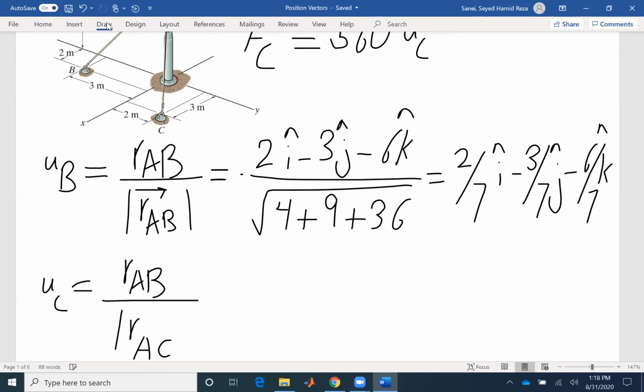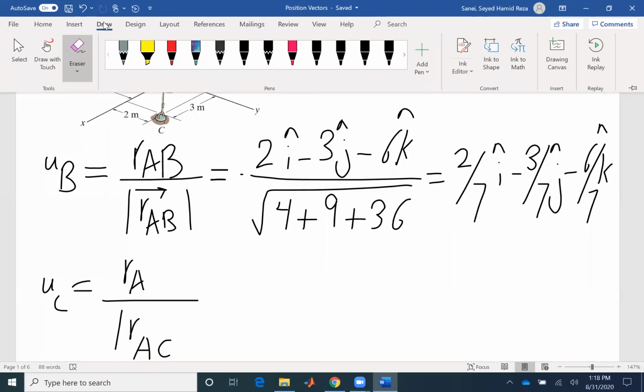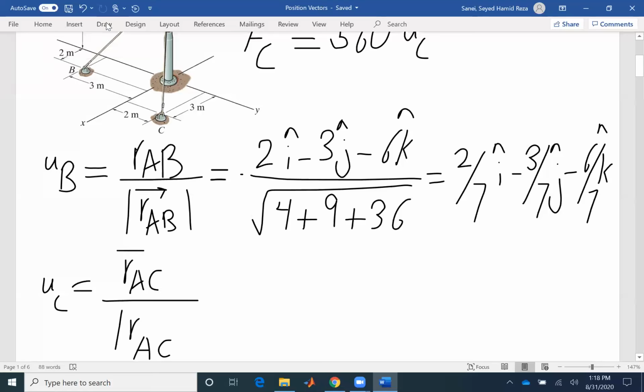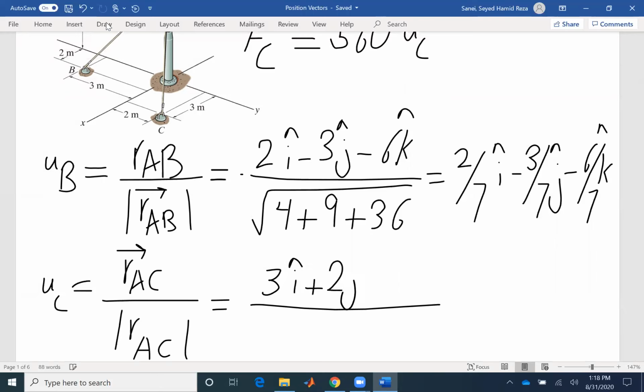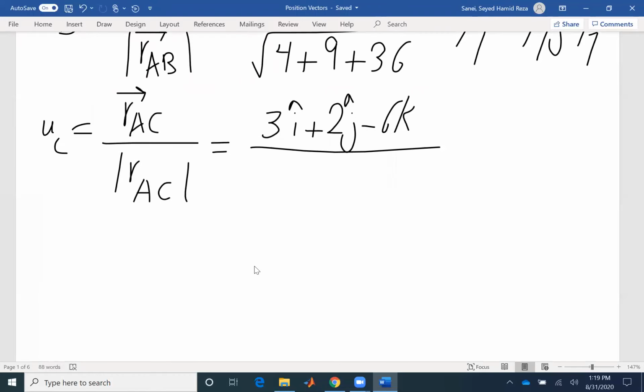If we write our AC and do the same procedure here, AC is 3i, 2j, negative 6k, divided by its magnitude. 9, 4, 36.